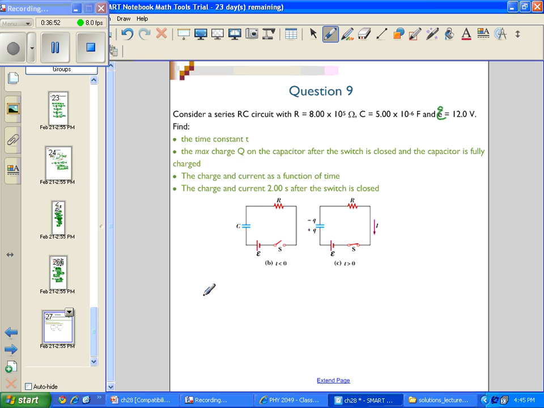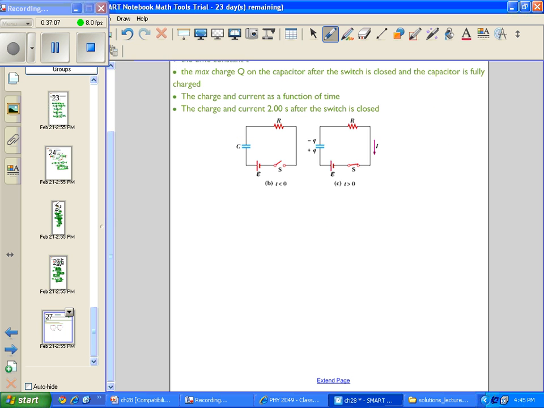And we're asked to determine the time constant, the maximum charge, the charge and the current as a function of time, and the charge and the current 2 seconds after the switch is closed. Well, let's begin with the time constant.